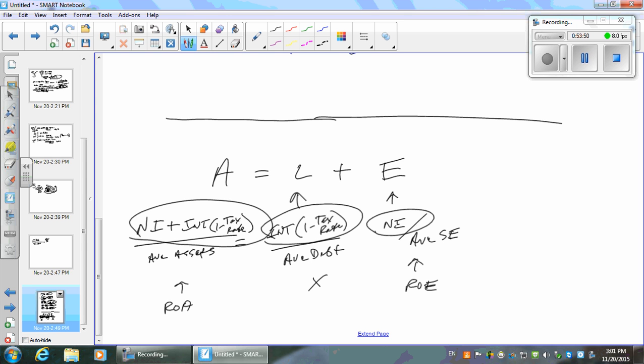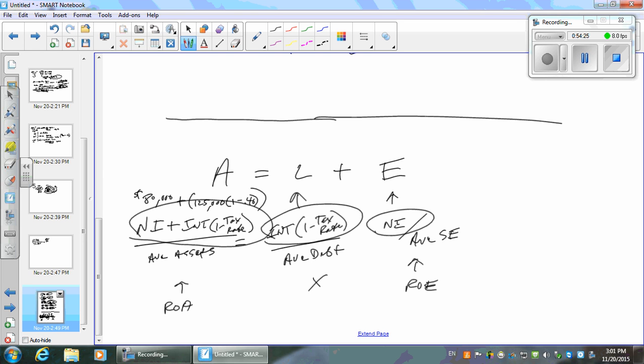What's my net income? 80,000. What's my interest? 125,000. What's my tax rate? 40%. So what happens is for every dollar I put on my tax return of expense, my taxes go down by 40 cents, right?